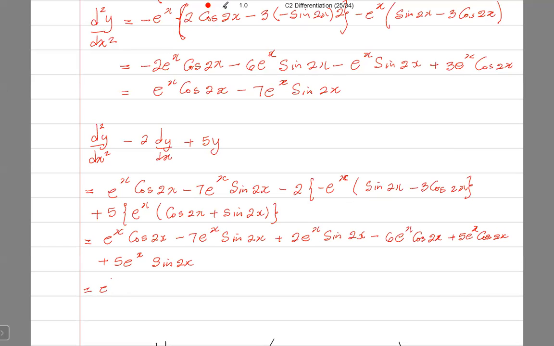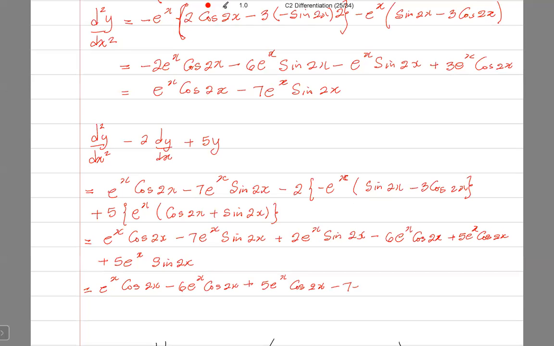So this is e to the x cos 2x. Find the next one of that. Minus 6 e to the x cos 2x. Find another one. Plus 5 e to the x cos 2x. Is that 0? Yep, looks like 0. Then now let's go to the sine.